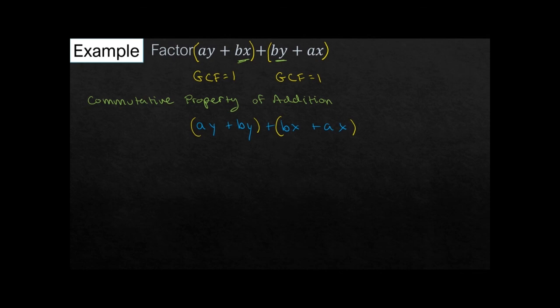And now I can see that there are things in common. Now I do have a greatest common factor. I can factor a y out of the first pair because they both contain a y. And the second pair I can factor out an x. And there's no reason why you have to flip-flop the middles.